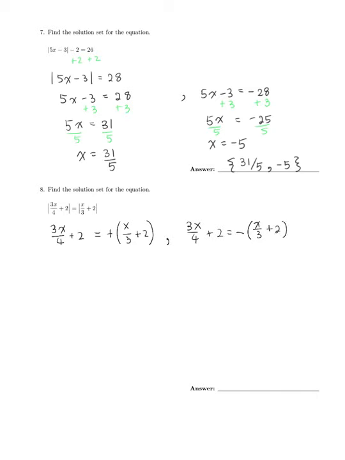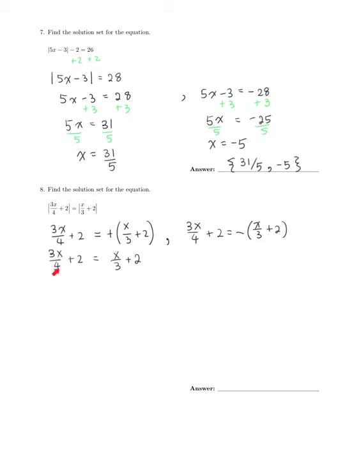All right, so what we need to do is solve 2 equations here. So let me just rewrite. 3x over 4 plus 2 equals x over 3 plus 2. Now, no one likes to deal with fractions, I believe. So the trick is this: multiply by the LCD, least common denominator of all the fractions that you see.